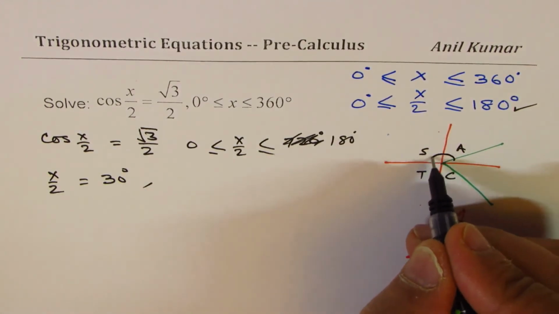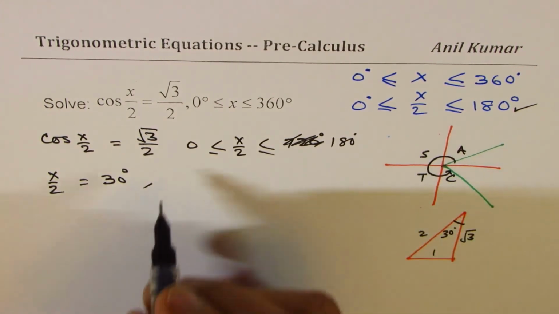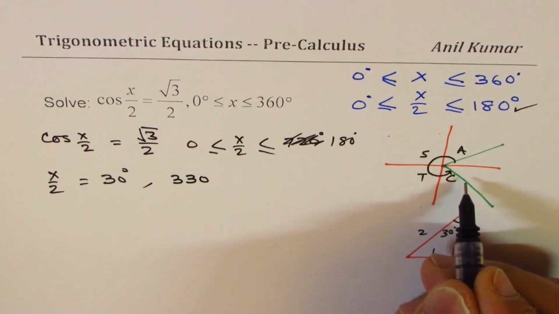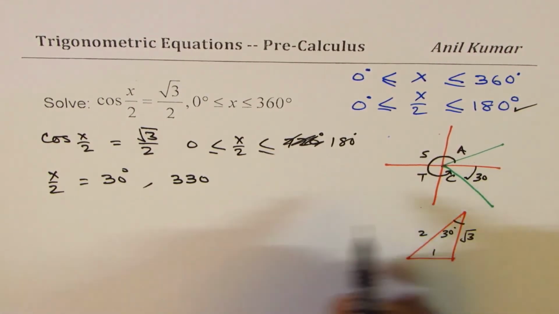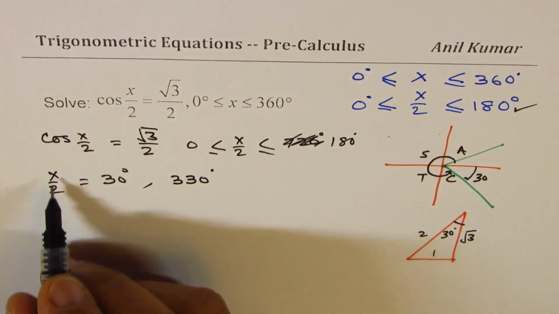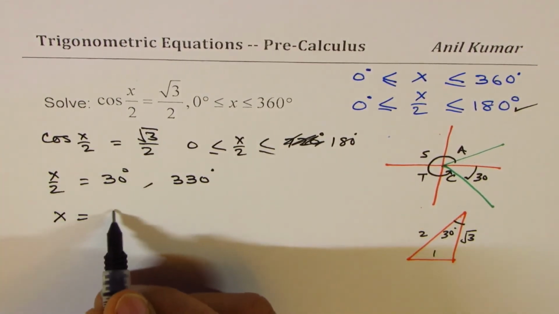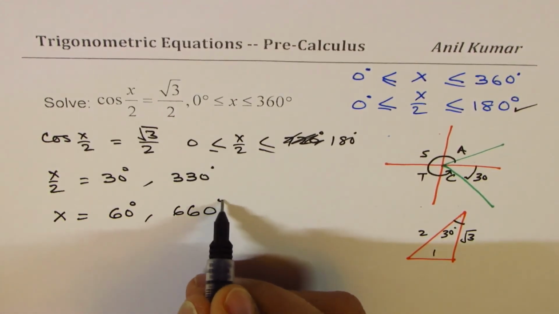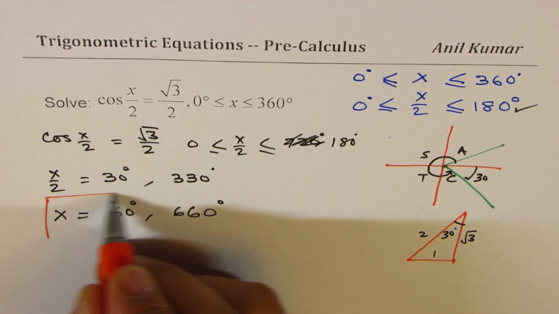And the other answer is 360 minus 30, which is 330 degrees, because the acute angle is 30, right? So from here, you can write what x is, multiply by 2. So we get 60 degrees and 660 degrees, correct?